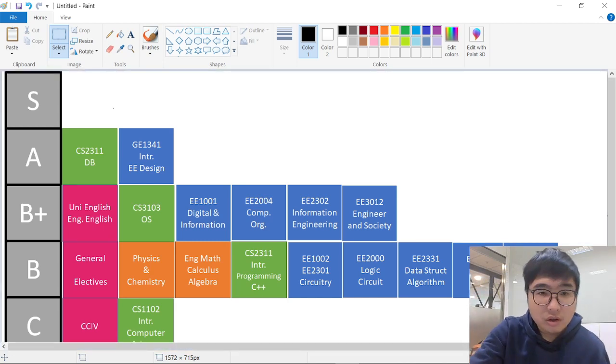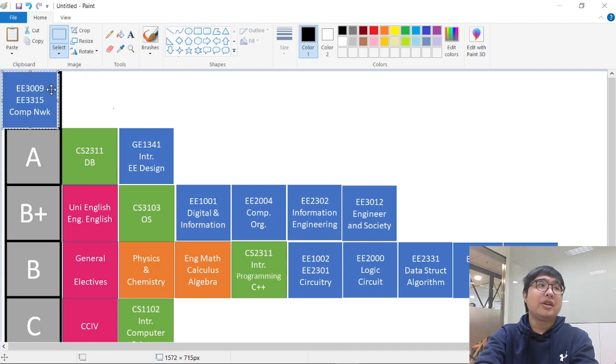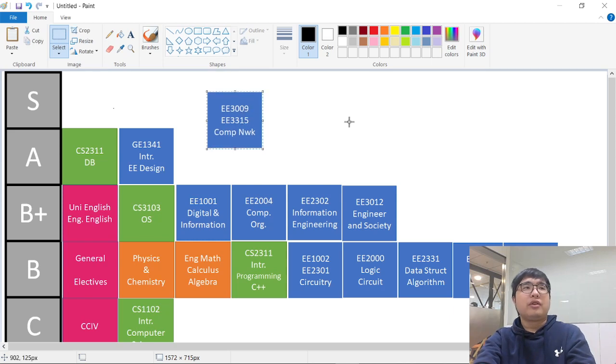Okay. So the next courses that I want to talk about are some of my favorite courses in CityU. They are EE 309 and EE 3315, or computer networks.